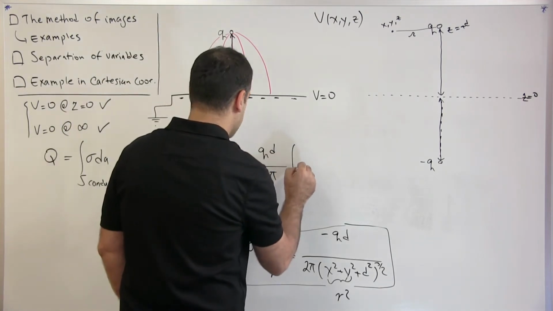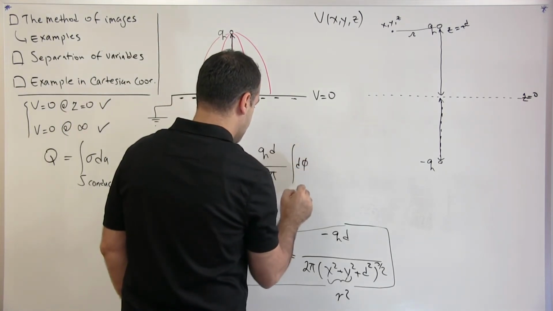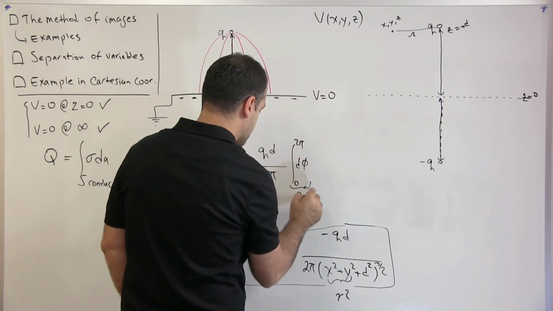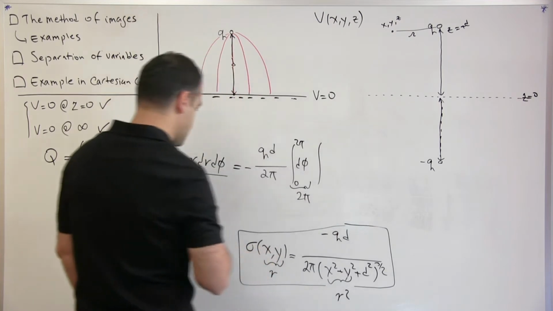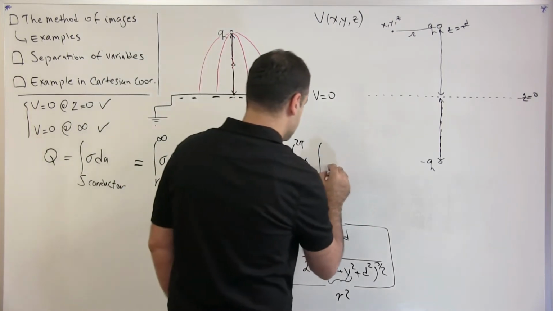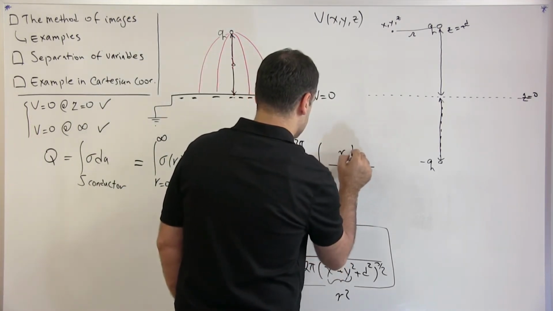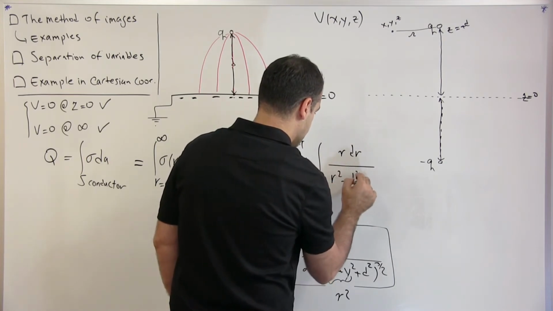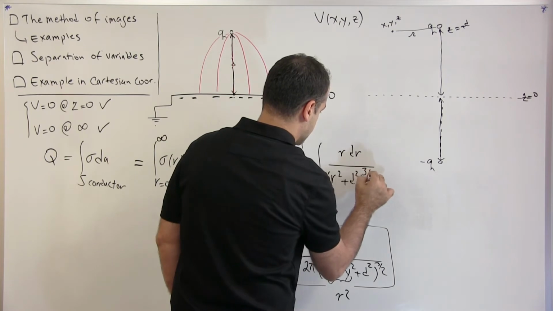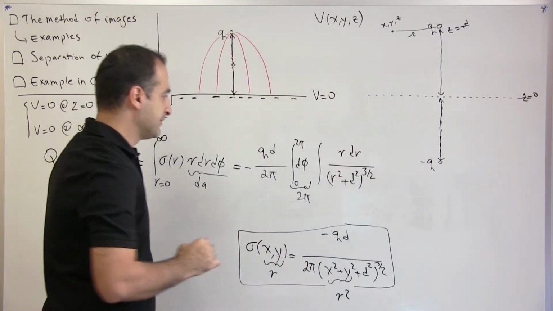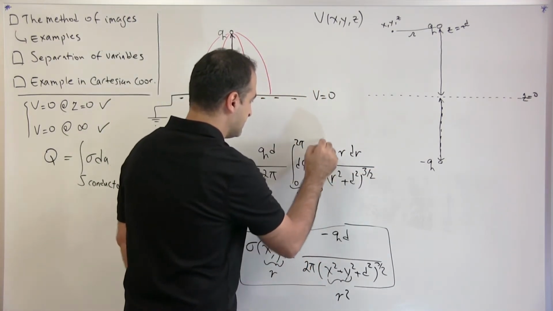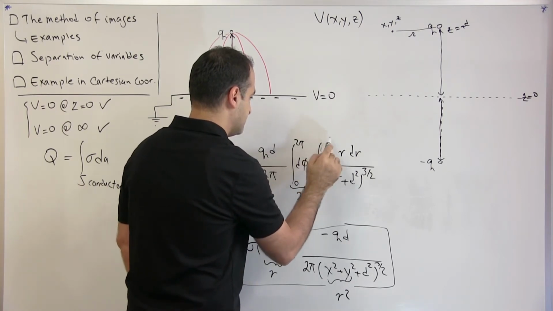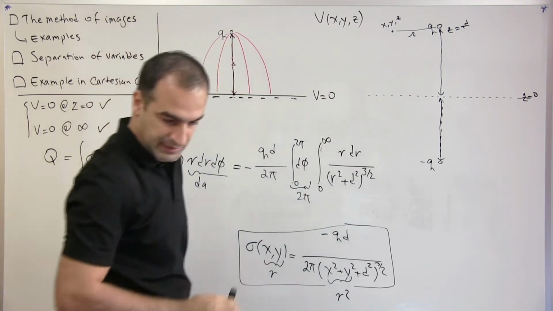So I can separate that d phi, and I'm going to say already that its total value is just 2 pi, times the integral of r dr over r squared plus d squared to the power 3/2, from 0 to infinity.